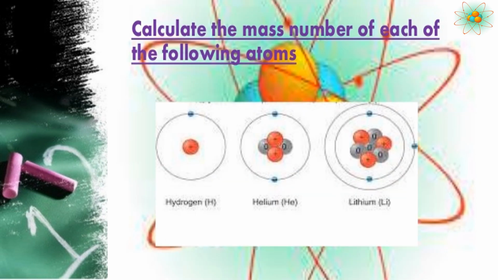So now, I hope everything is already clear to you about the structure of an atom, what the subparticles of atoms are, and how to calculate the mass number and, of course, the atomic number of an atom.